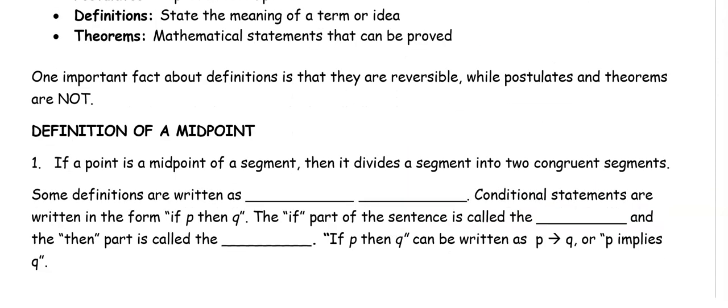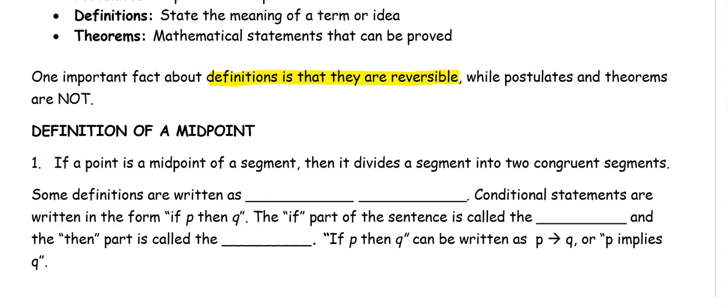One important fact about definitions is that they are reversible. So definitions work from one direction to the other, while postulates and theorems are not reversible. So recall from the other day a midpoint. The definition of a midpoint is if a point is a midpoint of a segment, then it divides a segment into 2 congruent parts.